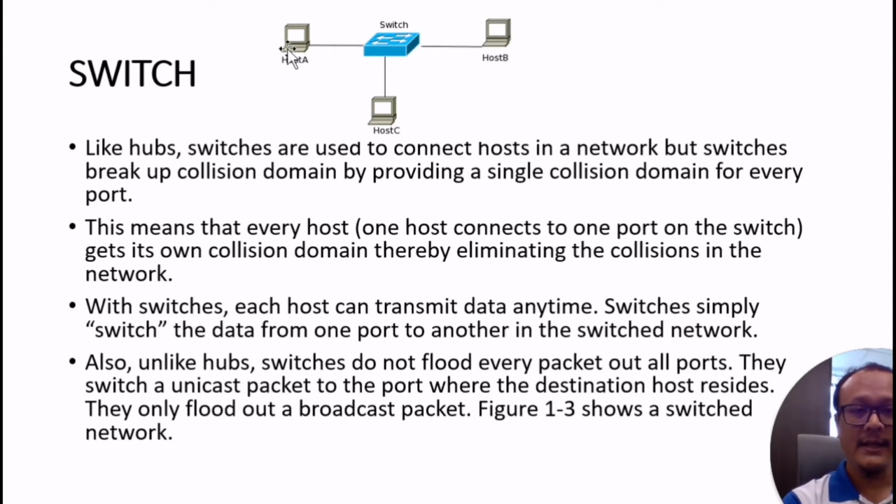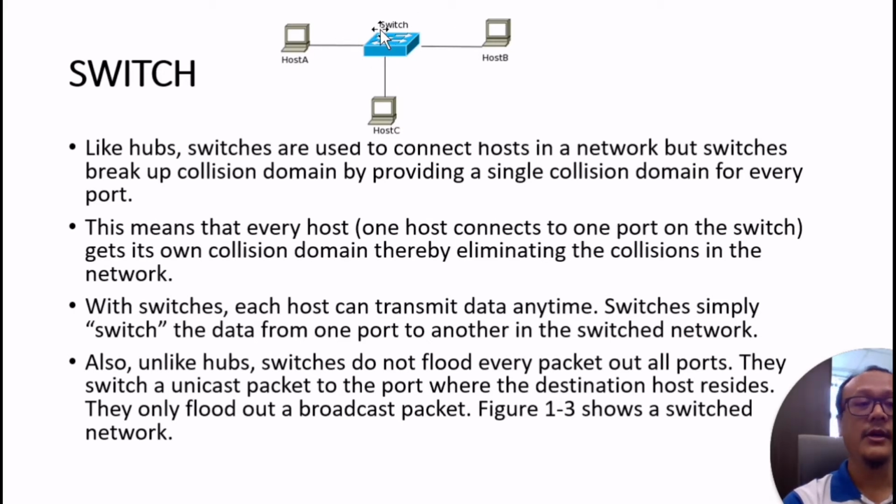Another thing is the collision domain. The switch separates it by port, so each port has its own collision domain. For example, host A sends information, and at the same time host C also sends information.